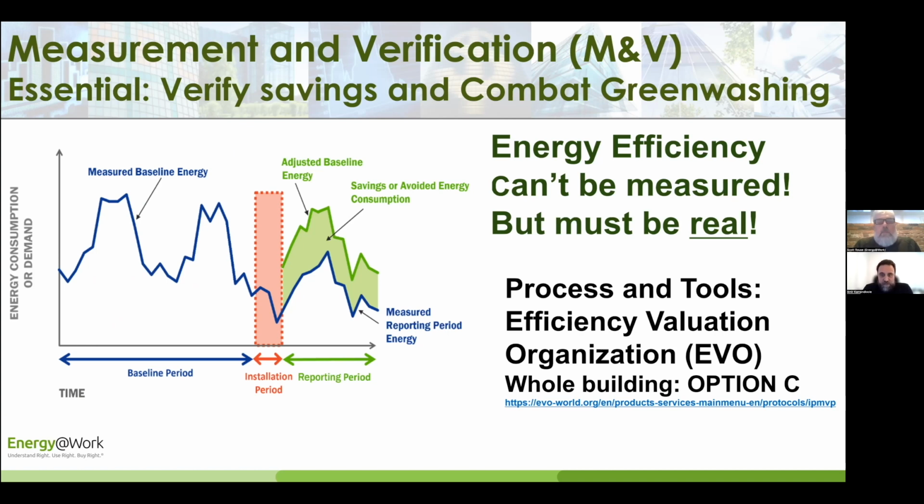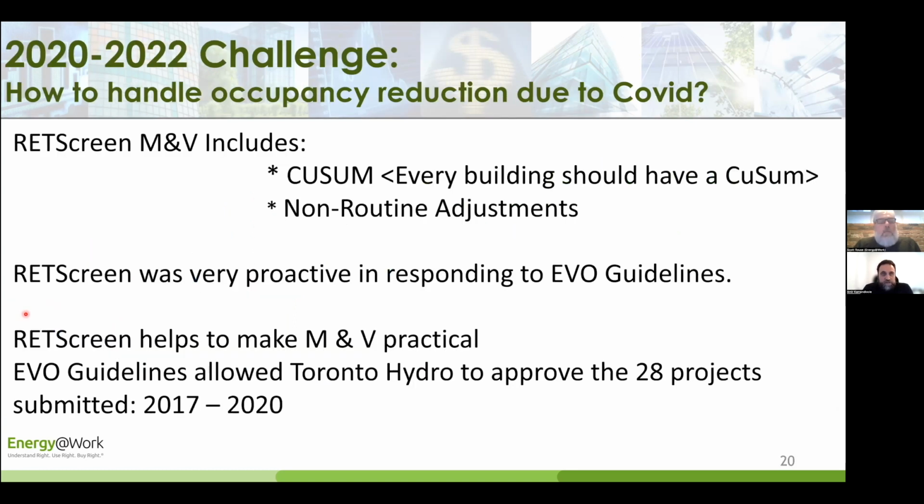After the pandemic, we had great challenges. Buildings got empty and their QSUM changed a lot. We were not able to use whatever the building performance was presenting prior to the pandemic as a result of the non-routine change in the independent variable.